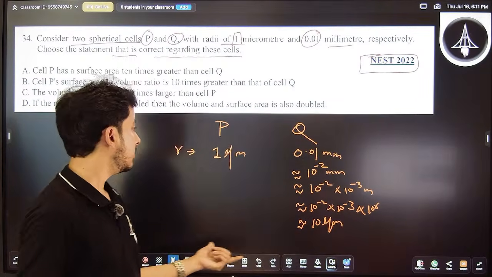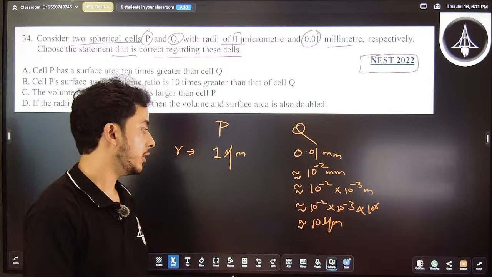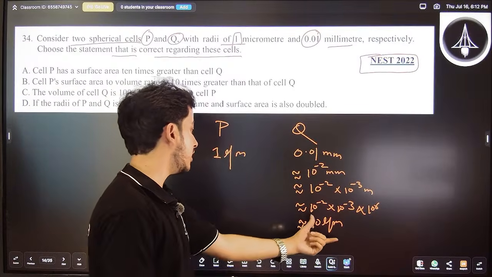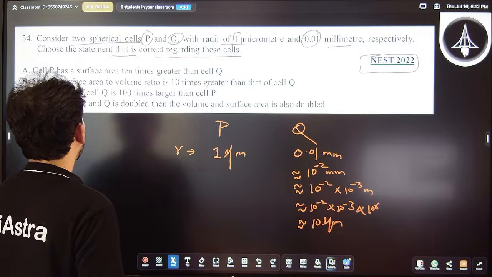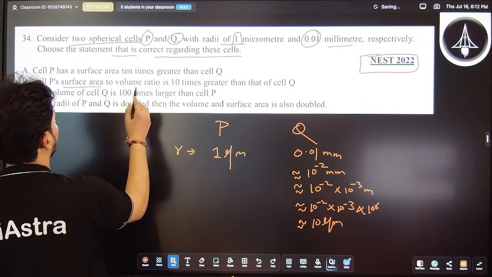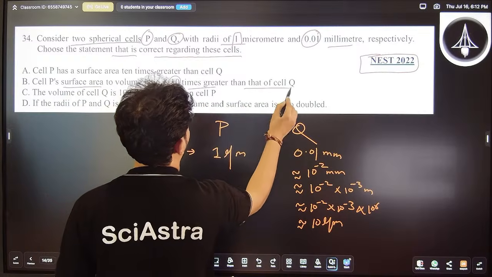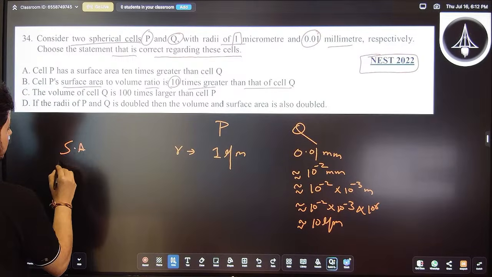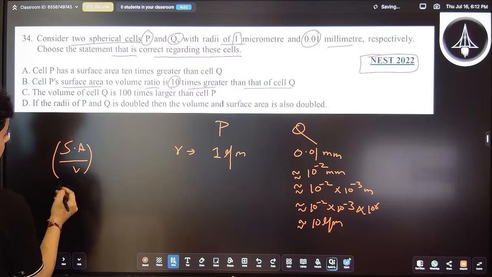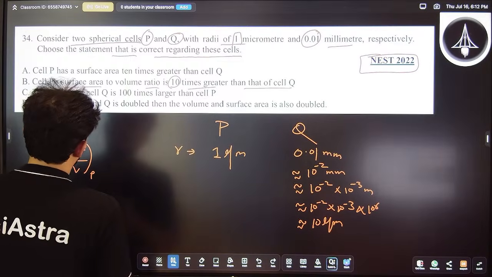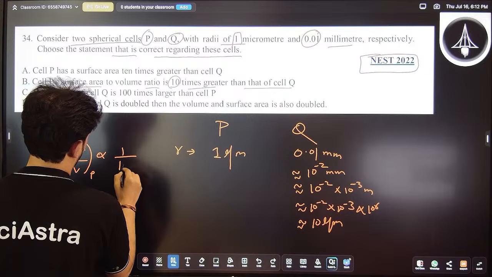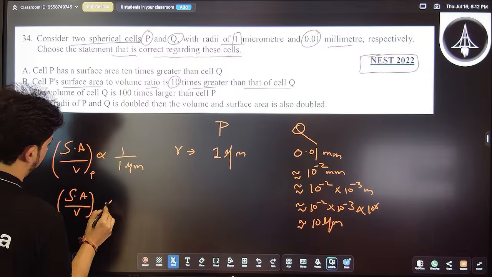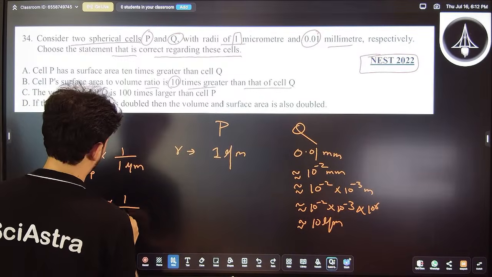So this is the first thing: cell Q is 10 times larger as compared to P. That is something you understood, right? So this is 10 micrometers. Now the option says the surface area to volume ratio of P is 10 times greater than that of cell Q. If we calculate this ratio, for P it is dependent on 1 by r, that is 1 micrometer, and for Q it will be dependent on 10 micrometers.